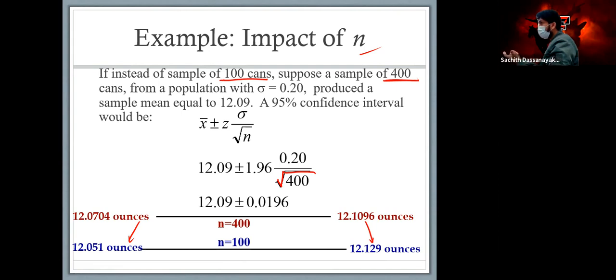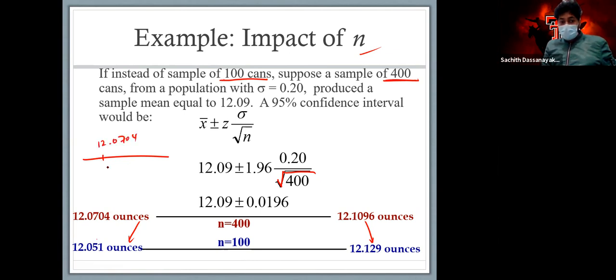See this one, 12.0704 is somewhere here. But 12.7051 here. If you check those values on the real axis, it's like this, right?